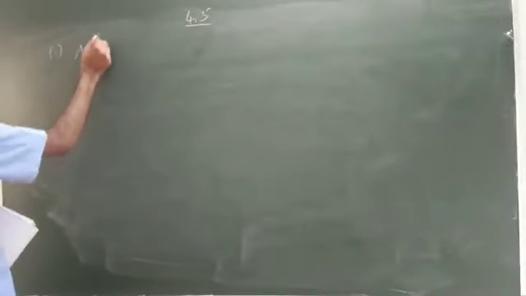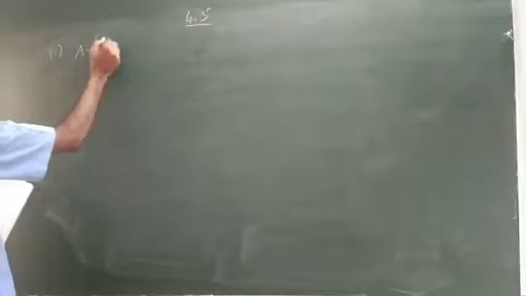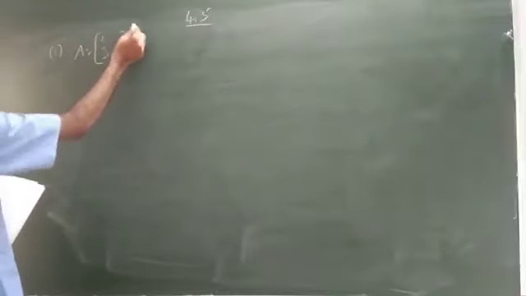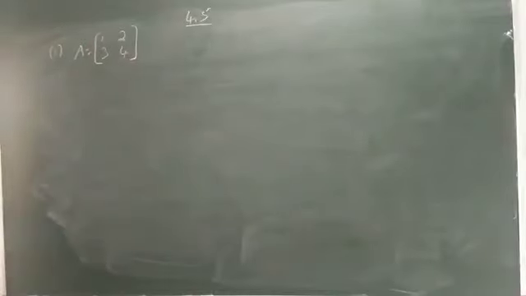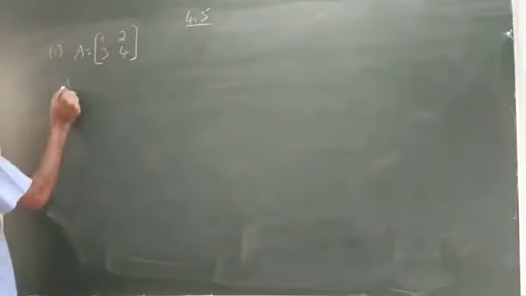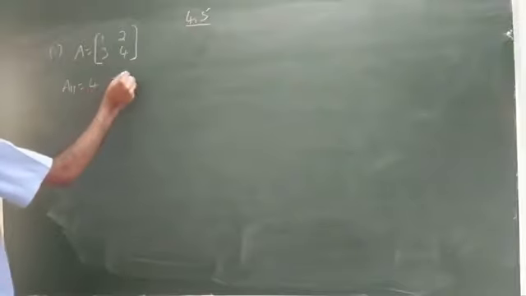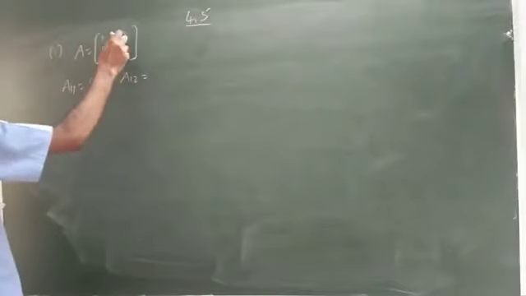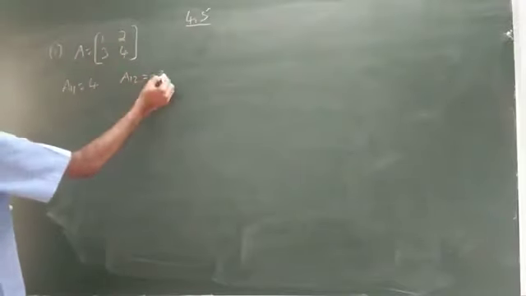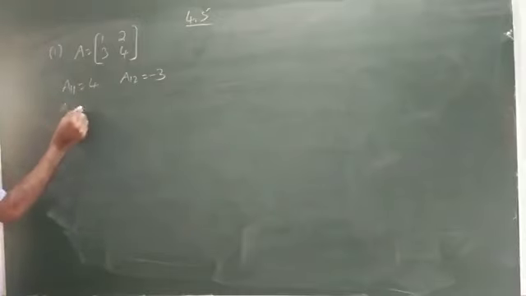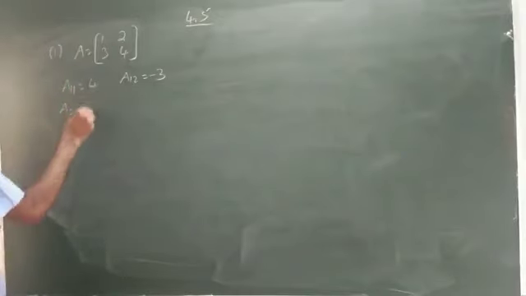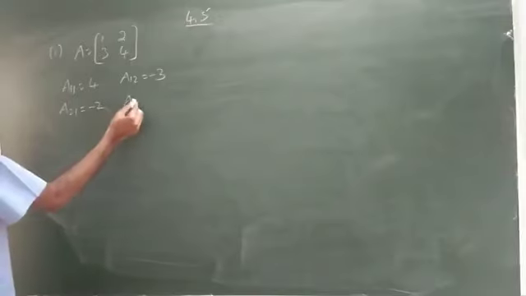So, the first matrix is given: 1, 2, 3, 4. Already I have done this. To calculate, A11, the cofactor of 1, is 4. Cofactor of 2, A12, is minus 3. A21, cofactor of 3, is minus 2.